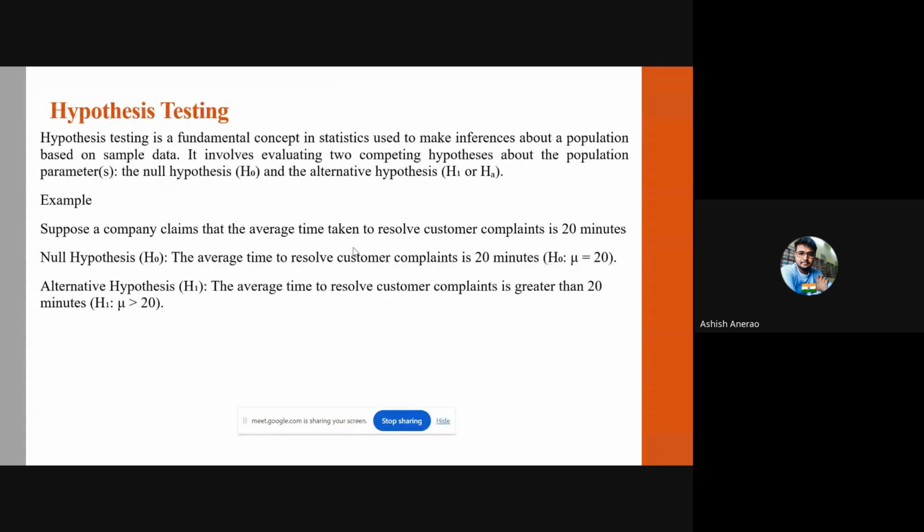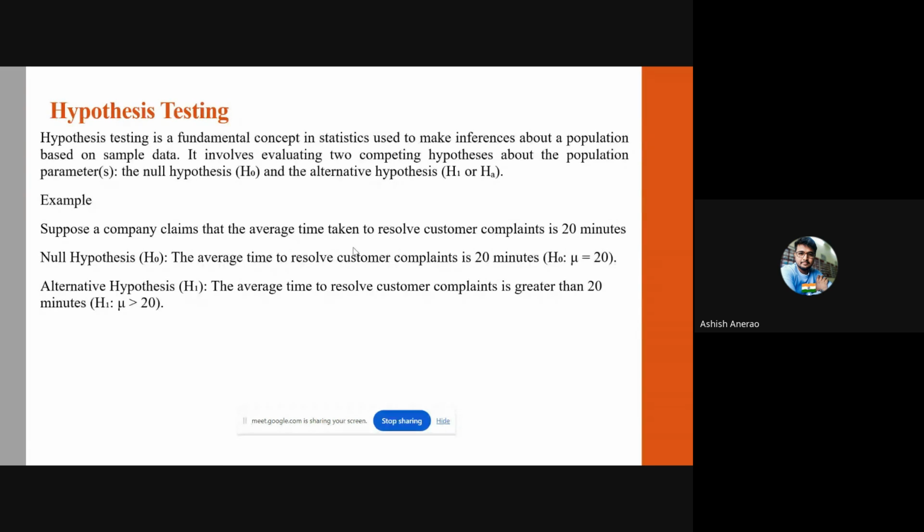Okay, so I want to give another example here. Suppose we are doing nothing, and we just take one Parle-G biscuit packet. On the backside of that packet there is some weight, like 80 grams, 60 grams, whatever. Our research problem is whether the weight of that Parle-G biscuit is exactly 60 grams or not.